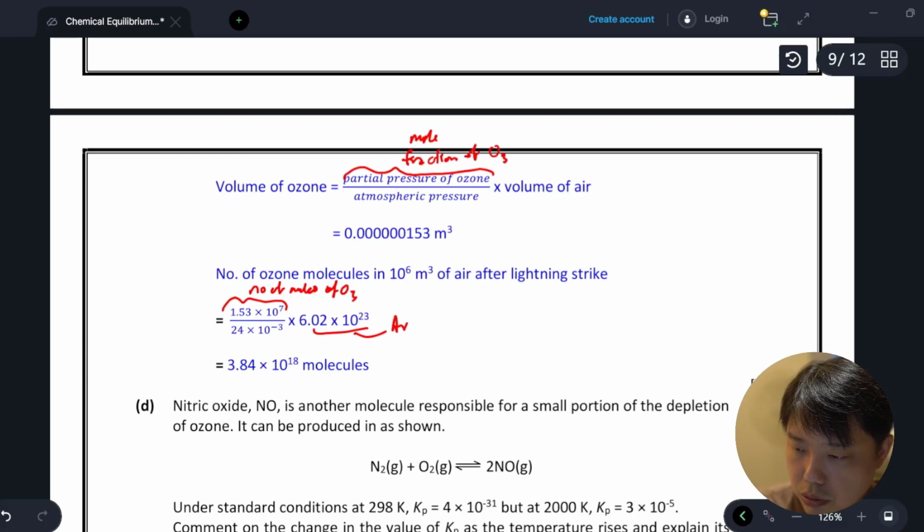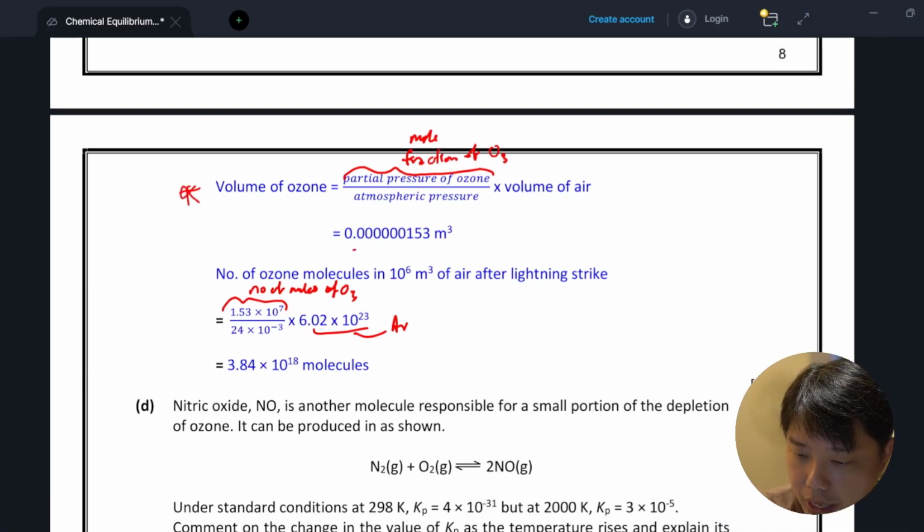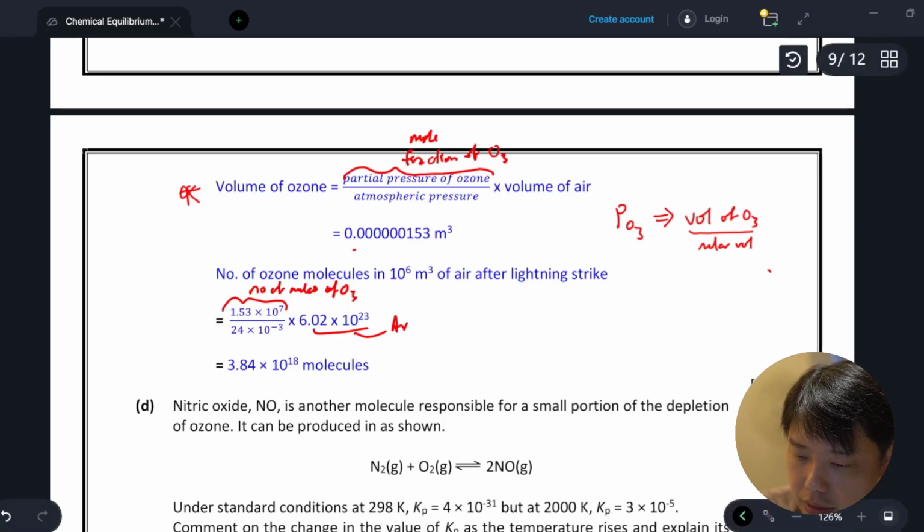So do take note, this is the part. We actually went from knowing the partial pressure of ozone to calculating the volume of ozone, and then we take that and divide by the molar volume at RTP, and then we multiply by Avogadro's number.